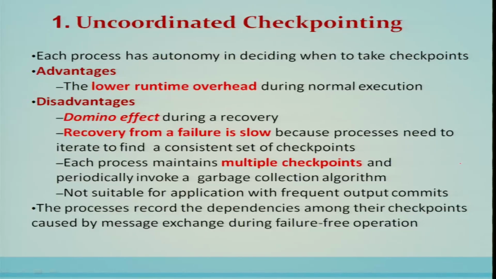Each process maintains multiple checkpoints and periodically invokes a garbage collection algorithm, and this is another disadvantage. It is also not suitable for applications with frequent output commits. The processes record the dependencies among their checkpoints caused by the message exchange during failure-free operation, and tracking these dependencies is very important in restoring the system state after the failure.